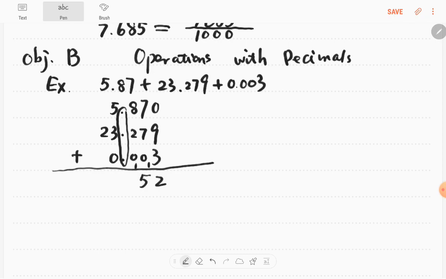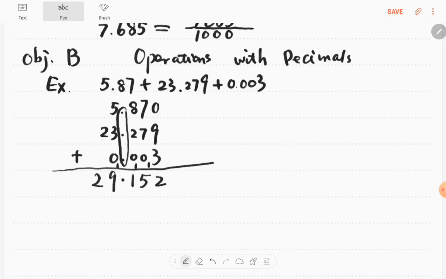Add 1, so that will be 11. So 5, 3, 9, and 2. But don't forget, you should put the decimal point here. So the most important part is the decimal point should line up vertically.